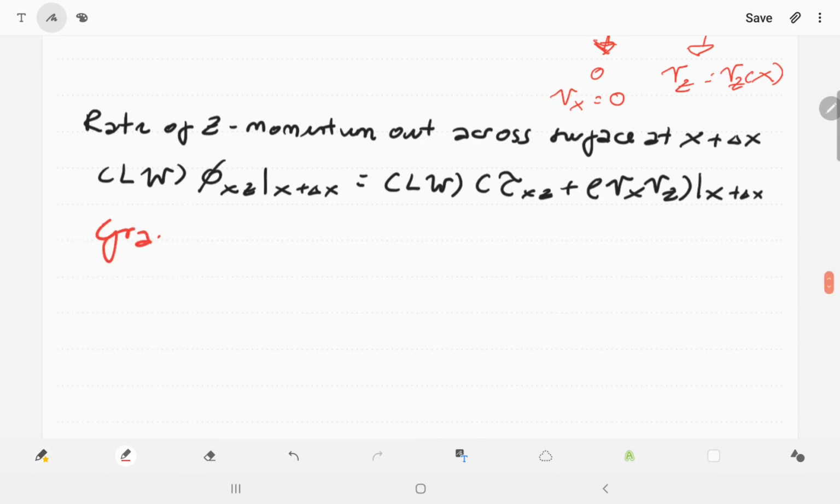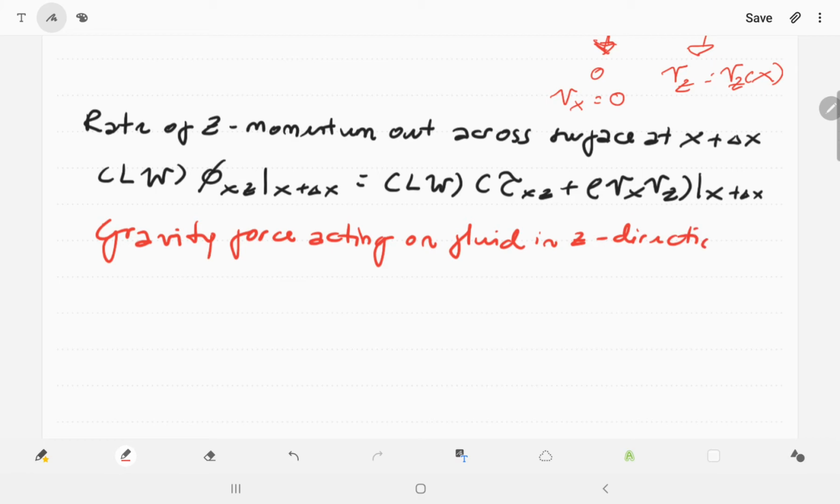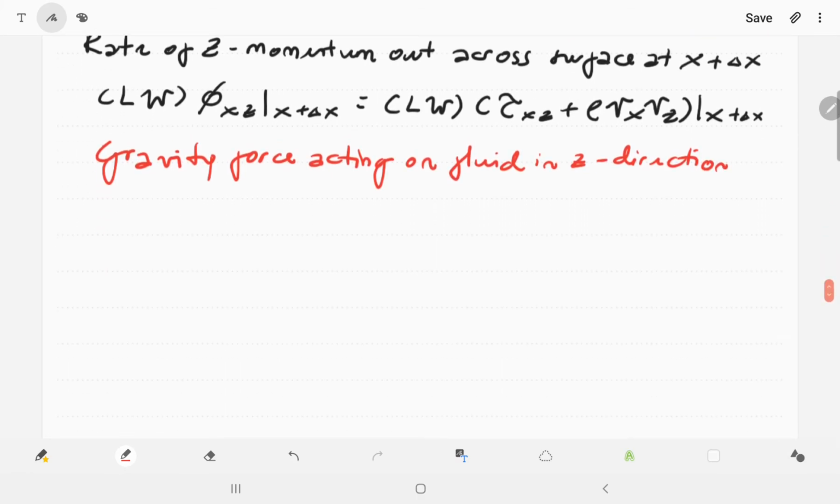So we also need to consider the gravity force that is acting on our shell element, because our shell element here is representing a fluid with the shape of a cube. So this will be equal to the volume of your cube, LW delta x, multiplied by rho g cos beta.